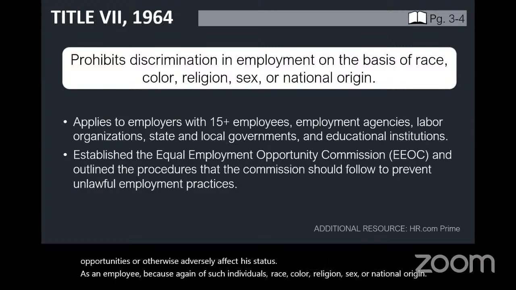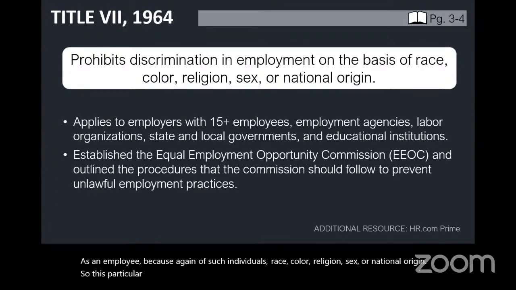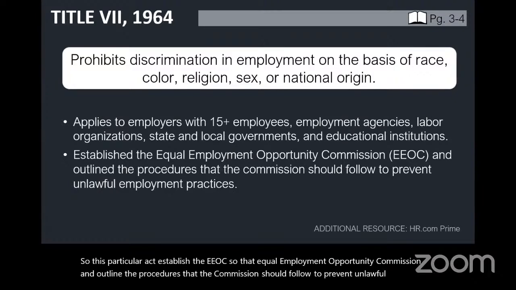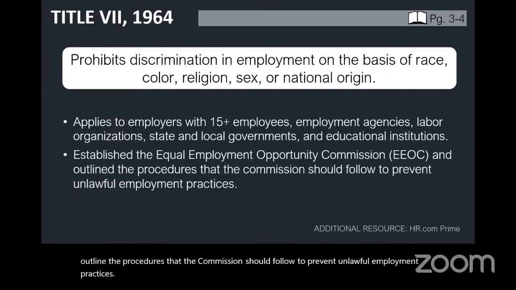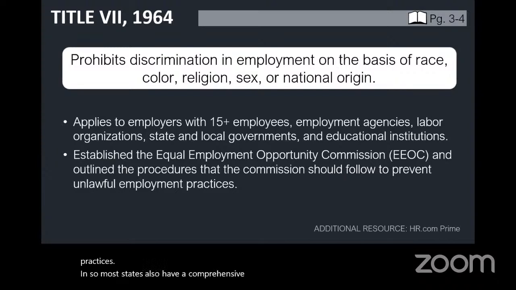So this particular act established the EEOC, the Equal Employment Opportunity Commission, and outlined the procedures that the commission should follow to prevent unlawful employment practices. Most states also have comprehensive fair employment practices laws, very similar to the EEOC.